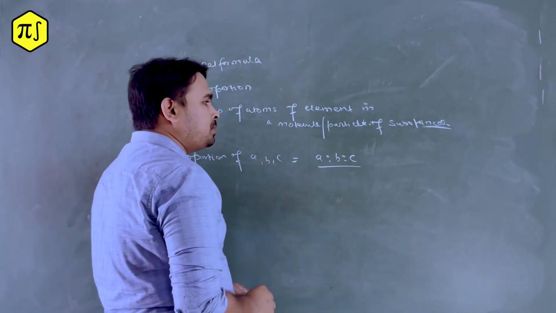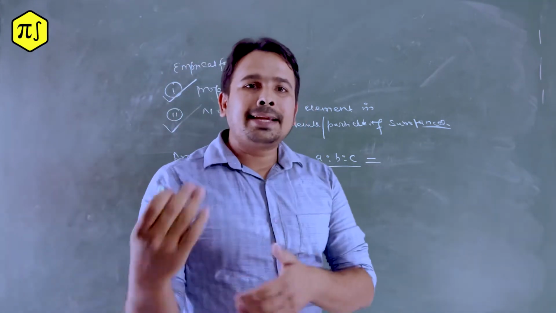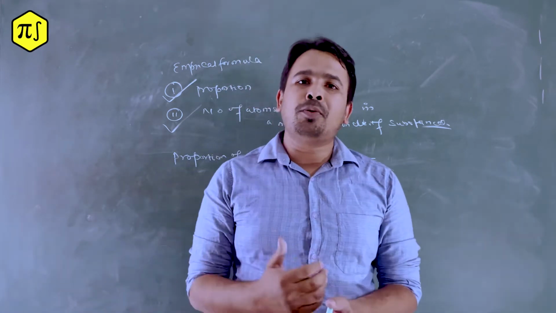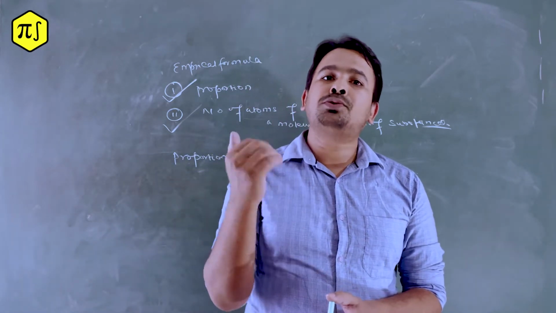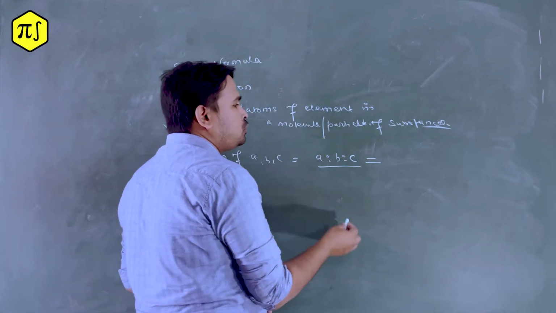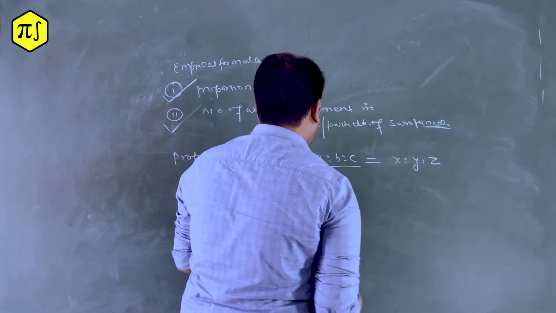Now in proportion what you do is take common factors out, whatever is common you remove it, and then the integers that come are shown in that proportion. So after removing this, assume it's x colon y colon z.